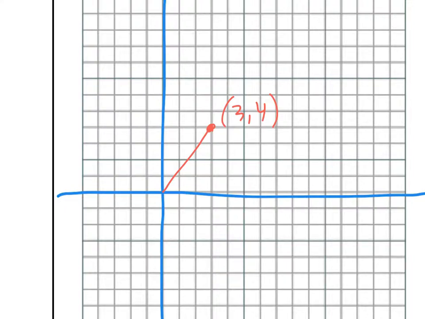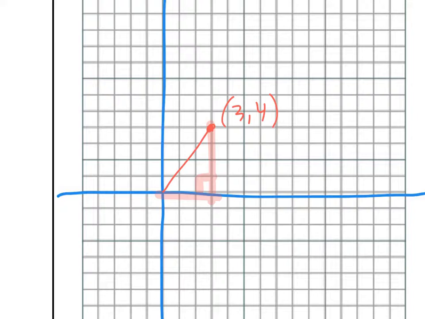Pythagorean theorem, right? I could use Pythagorean theorem by drawing a right triangle and then figure out the length. So what is that length? This is a special triangle. 5. Yes, 5. 3, 4, 5 triangle. You gotta remember the 3, 4, 5 triangle, if you don't remember any of the other triples. So you can see that that distance is 5.